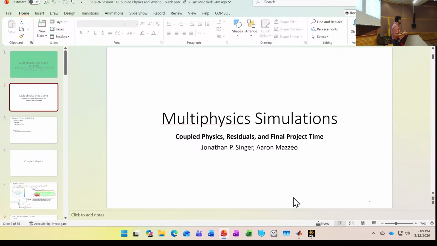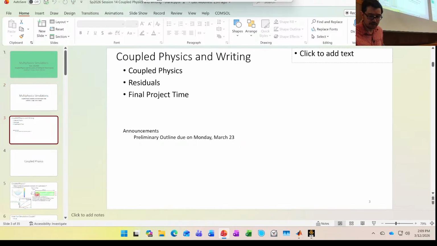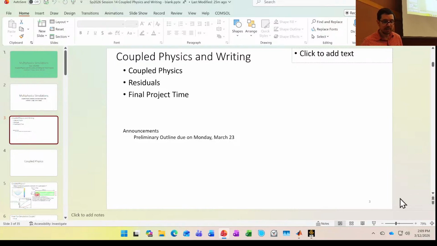I think we should have time for that based on the amount of material we're planning to cover, which includes a couple of physics, residuals, and then a little bit on the final project. So this is the plan for today. And just a reminder that the preliminary outlines are due on Monday.